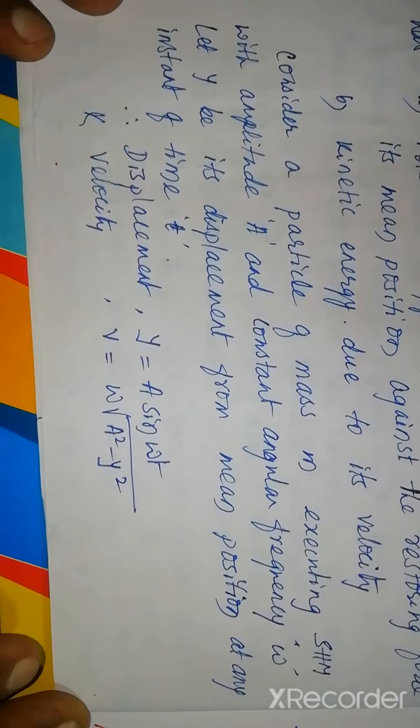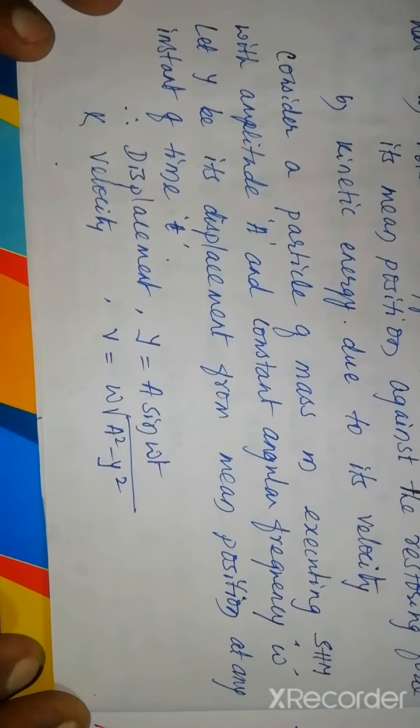Potential energy is the work done in displacing the particle or body from the mean position to some arbitrary position, that is, y equals 0 to y. Therefore potential energy U of t, potential energy also varies periodically, kinetic energy also varies periodically.